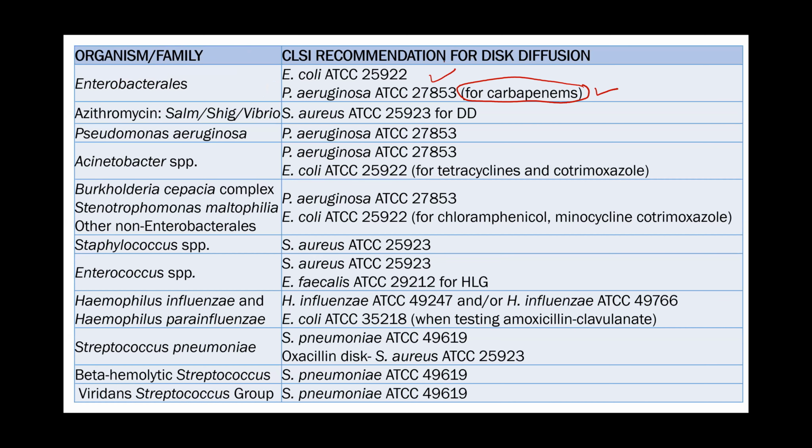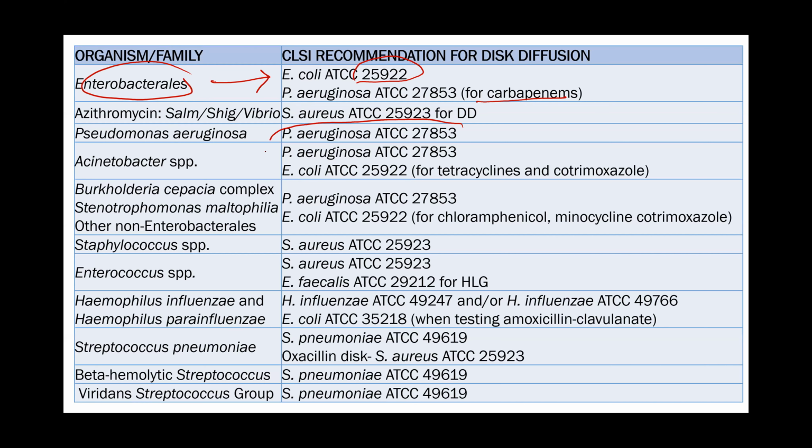Similarly, Salmonella, Shigella and Vibrio, these three organisms, when testing for azithromycin, because for Enterobacterales you never test azithromycin except for Salmonella typhi and also Shigella. So for Salmonella, Shigella and Vibrio, when testing azithromycin, the Staph aureus strain is the QC requirement. Not very important, you can ignore it also. Next, Enterobacterales in general use E. coli ATCC 25922, except carbapenem, where Pseudomonas is recommended.